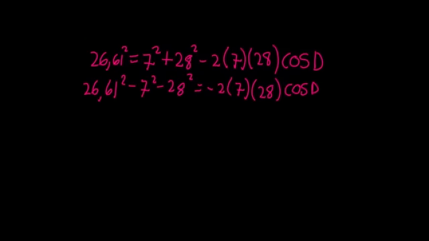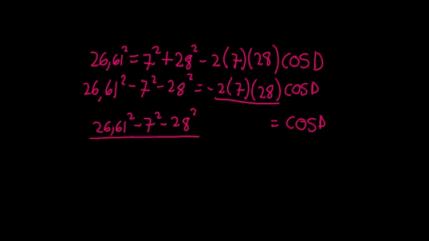Now I need to divide both sides by this. So cosine of this angle is equal to 26.61 squared minus 7 squared minus 28 squared, divided by, don't forget the sign, negative 2 times 7 times 28. I'm going to need you to write this down for me rather.